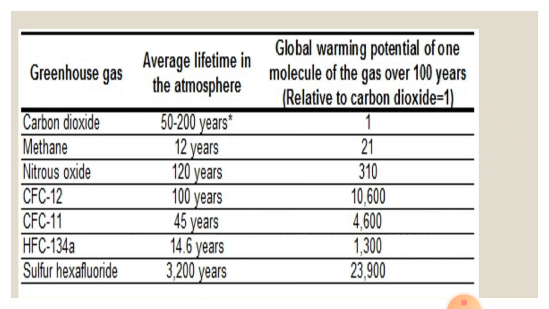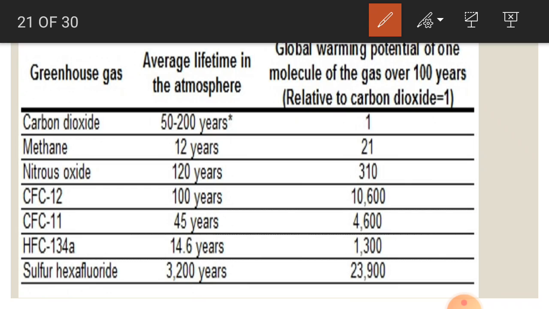We are given a table also. This is a table of greenhouse gases: carbon dioxide, methane, nitrous oxide, chlorofluorocarbon 12, 11, hexafluorocarbon, and sulfur hexafluoride. These greenhouse gases can sustain in our environment for many years. For example, carbon dioxide can sustain in our atmosphere for 50 to 200 years, and its global warming potential is 1.